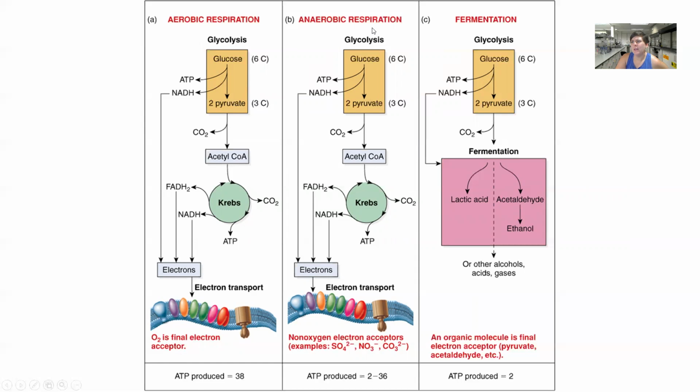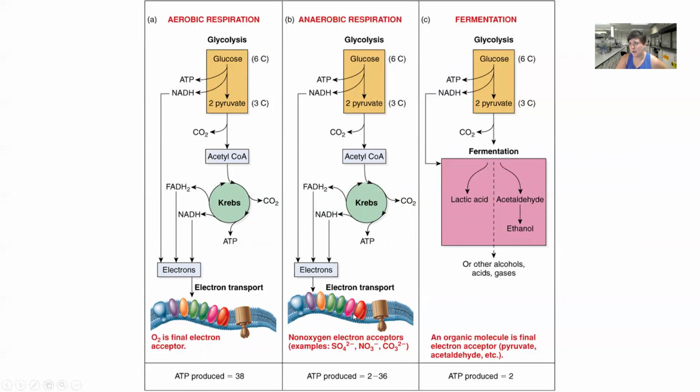With anaerobic cellular respiration, note that this is exactly the same. Glycolysis, intermediate, and Krebs, a little bit of ATP, a lot of electrons released, therefore a lot of electron carriers, bringing these electrons to the electron transport chain.